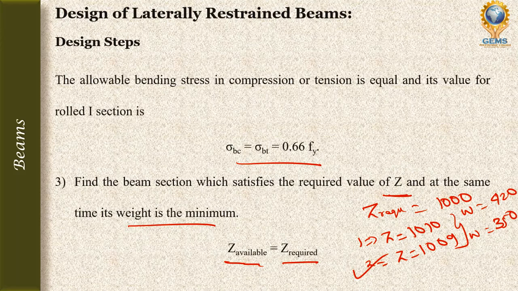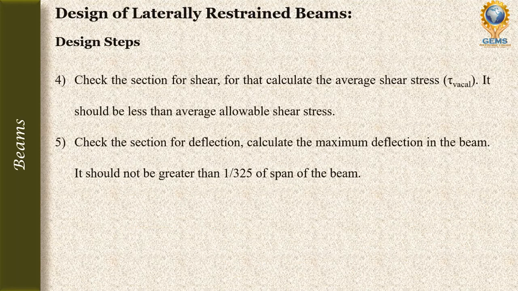This is the second step. Third step: once we choose our section, we will go for the check for shear. We have to check for the shear. For checking the shear, we will calculate the average shear stress, sigma VA.